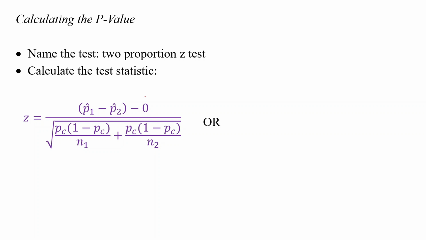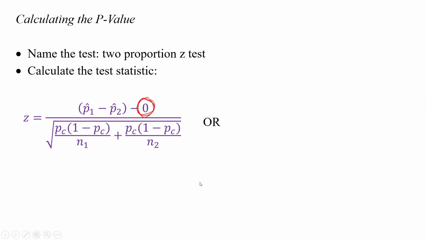And then our parameter is assumed no difference, right? So that's why it's minus 0. And then in the denominator, we have our pooled sample proportion that we use in our standard deviation. Again, because we assume the null is true, we base the standard deviation off of that assumption that the null is true and that the proportions come from that same pool.